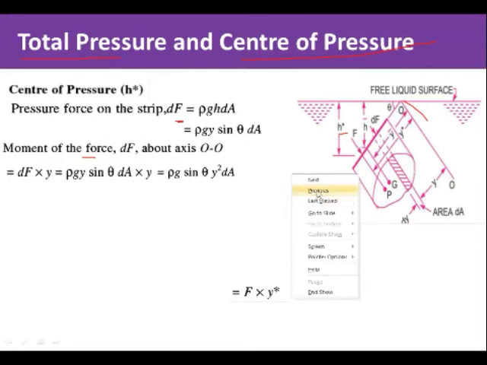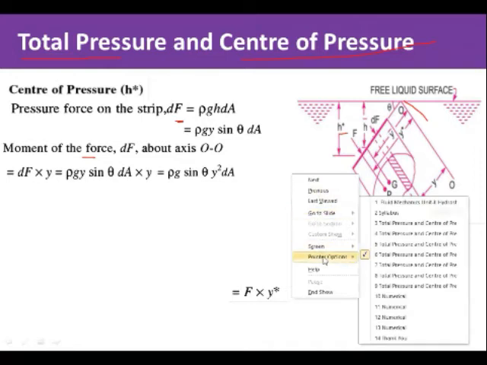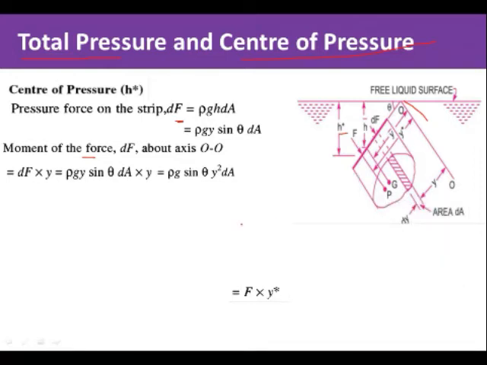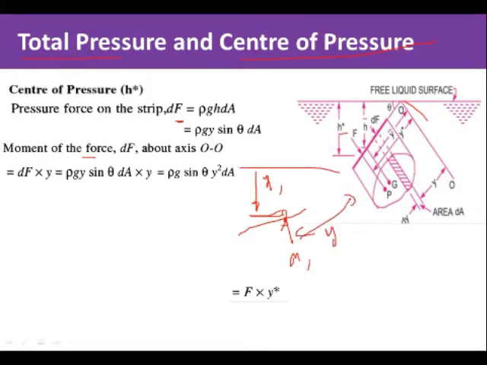Now this is the moment of force for a particular strip, m1, when this point m1 is at a distance y1 or h1 from the liquid surface and y1 from axis OO. Similarly, at any point 2, the distance will be h2 and its distance from the axis will be y2.